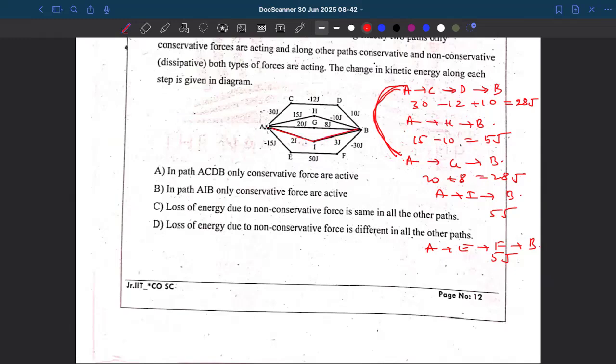These two paths. This is one set of the path.